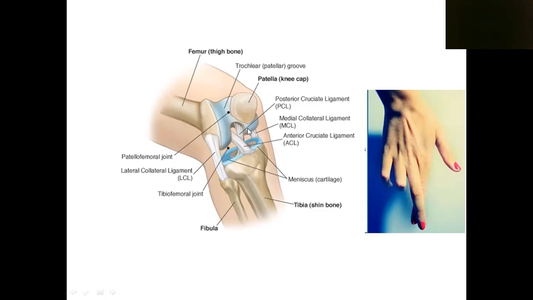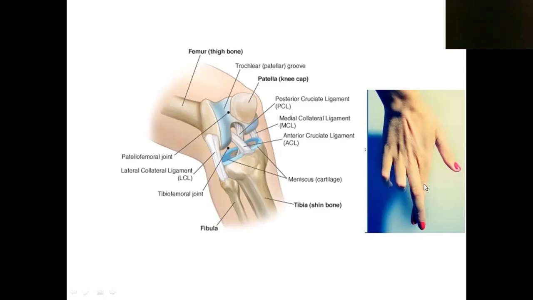Keep it in mind. The anterior cruciate ligament: lower end is attached to the anterior part of the intercondylar area, upper end to the lateral condyle of the femur. The posterior cruciate ligament: lower end is attached to the posterior part of the intercondylar area, upper end to the medial condyle.